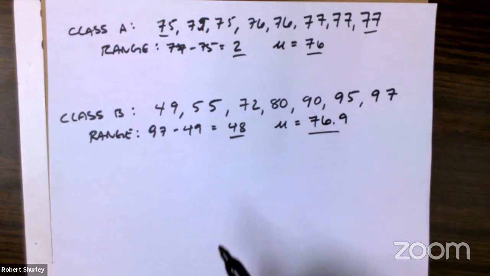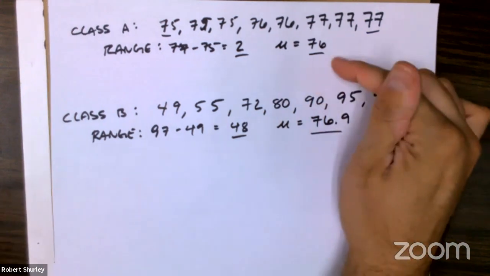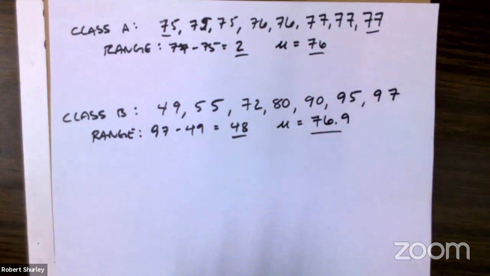Imagine I told you that Class A had an average of 76 and Class B had an average of 76.9. You might think, and it would be wrong of you to think this, that these classes are the same.